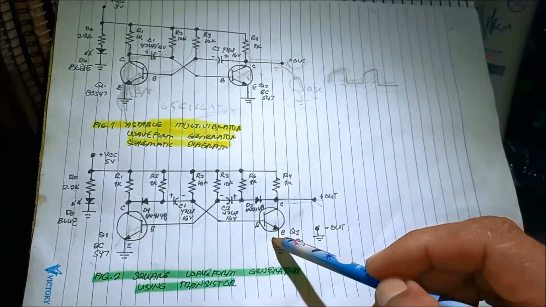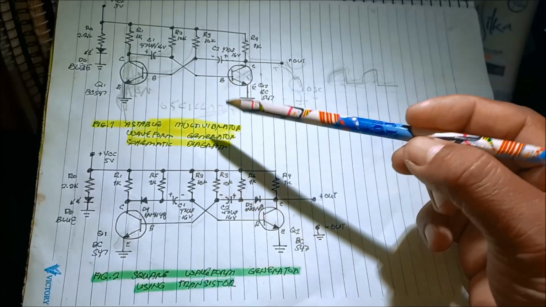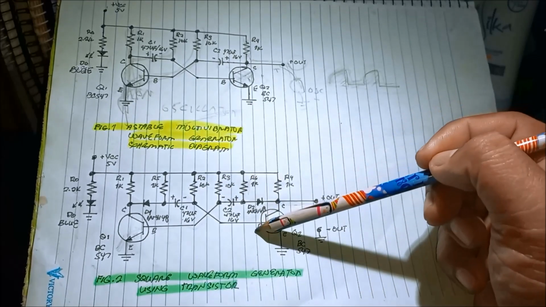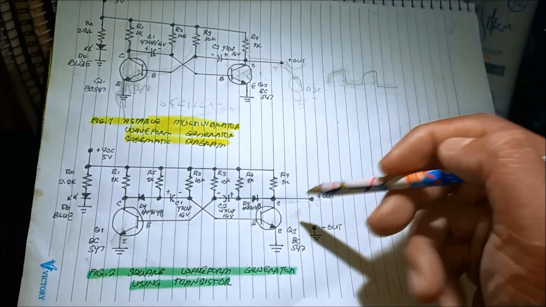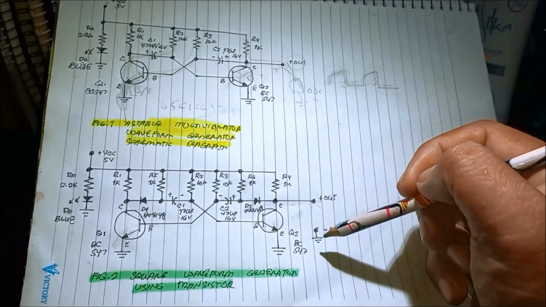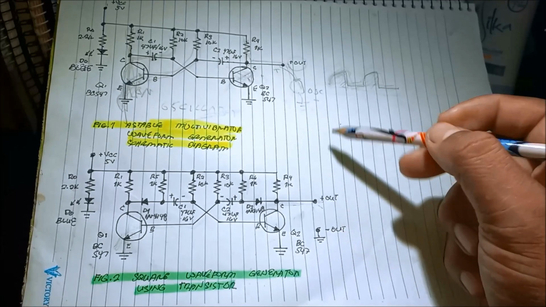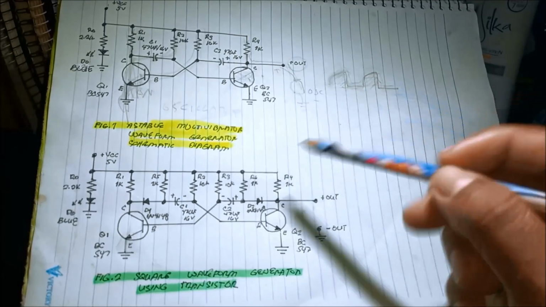Off, on. On, off. Off, on, off. That's why we call this an astable multivibrator. Some sort of an oscillator with no permanent state. It continues to change the state from turning on, turning off, turning on.